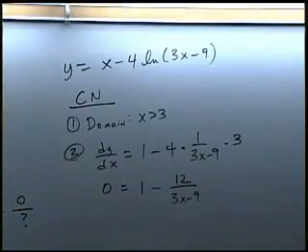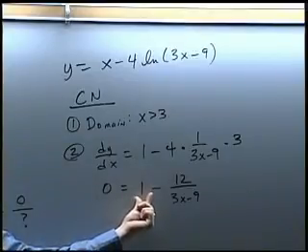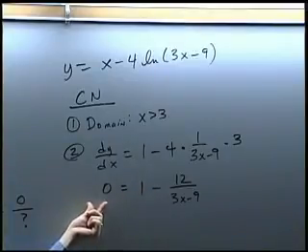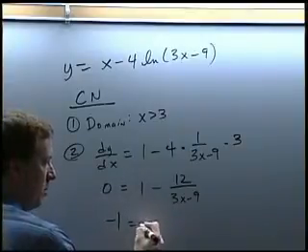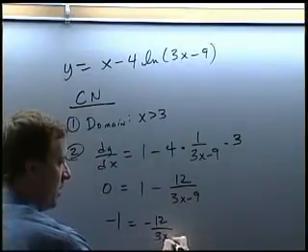Now, how would you solve this for x? There's not just one way to go here, but what's one thing you could do? Okay, heard a couple of things here. One of the things that could be done is we could subtract the 1 as one possible first step. So we'll go ahead and do that.